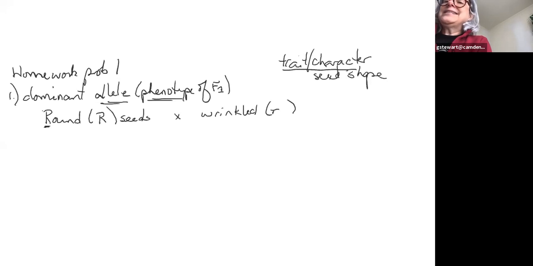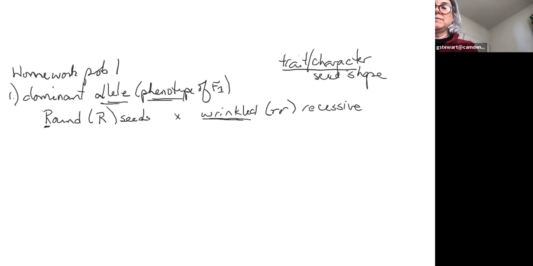We keep using the same letter in peas. We use lowercase r. And the only time we can ever see wrinkled, which is the other phenotype, is if we have 2 copies of wrinkled, because it's recessive. Now it's telling us in the problem, that was just defining the alleles.